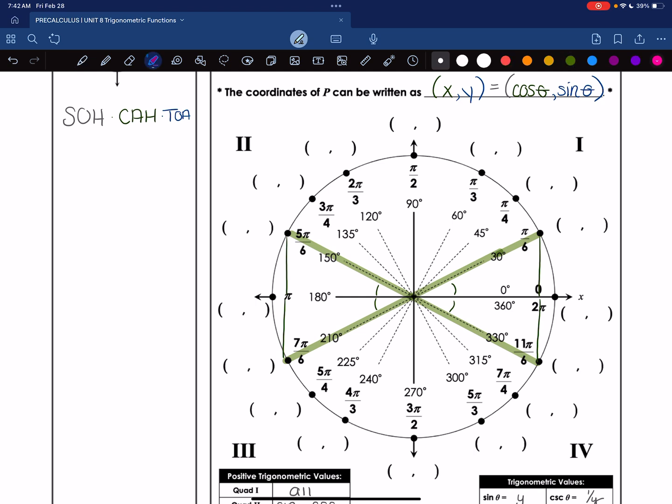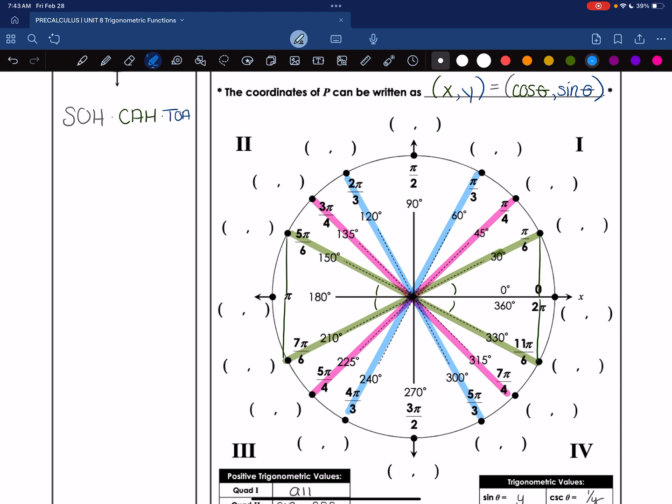Now let's see, there are a few more. 45 is one of our special angles, and in the other quadrants, you'll find that there are angles whose reference angle is also 45. And lastly but not least, 60 is one of our special angles. And there are actually 4 angles, one in each of our quadrants, that have the reference angle of 60.